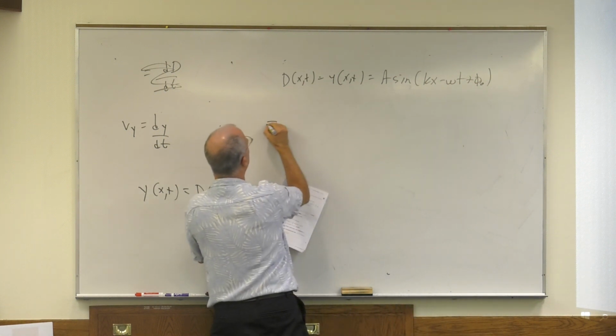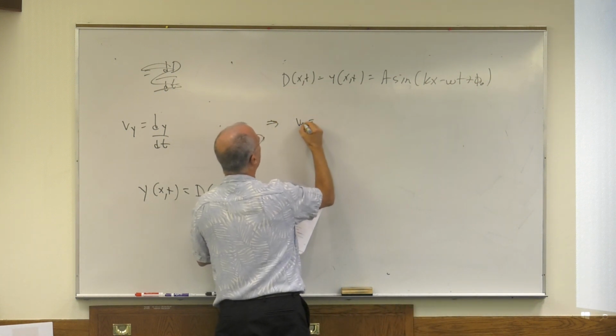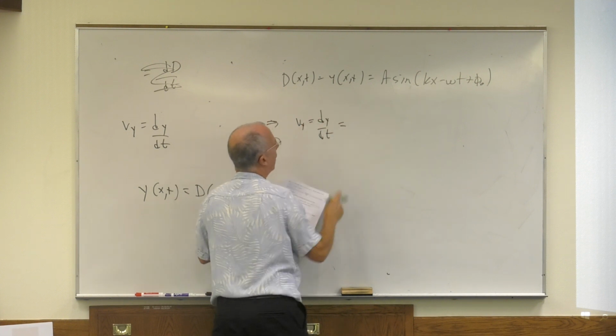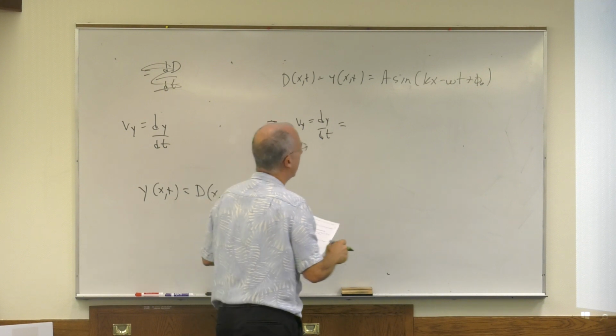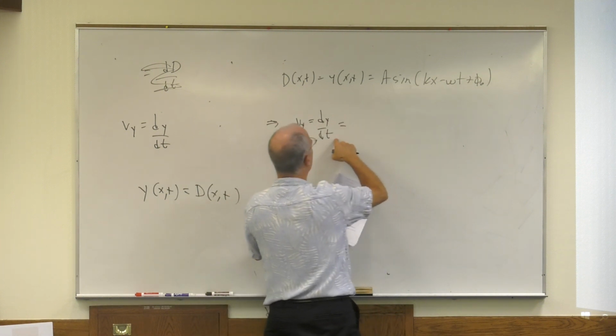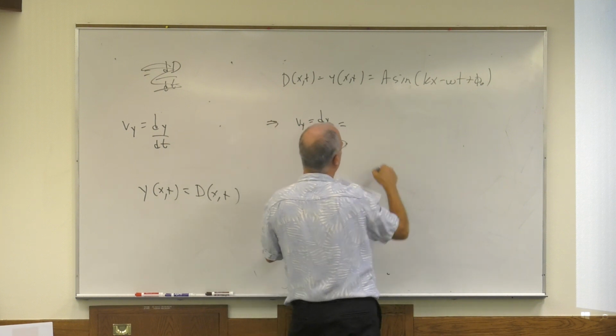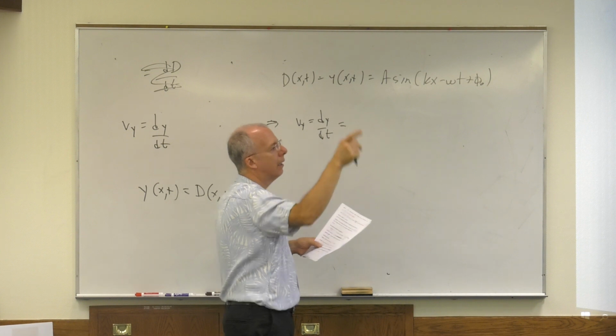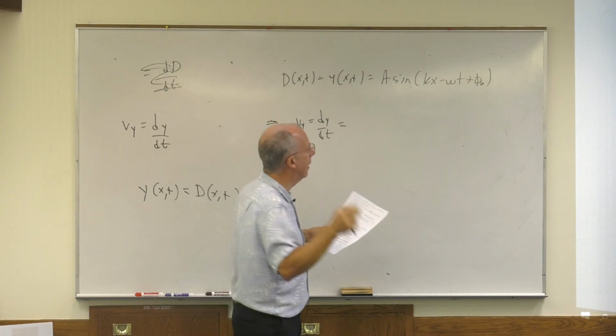Okay, so therefore, Vy, which is dy dt, you've got to remember your chain rule, right? It's a derivative relative to t. So what's the derivative of sine? Cosine, right?